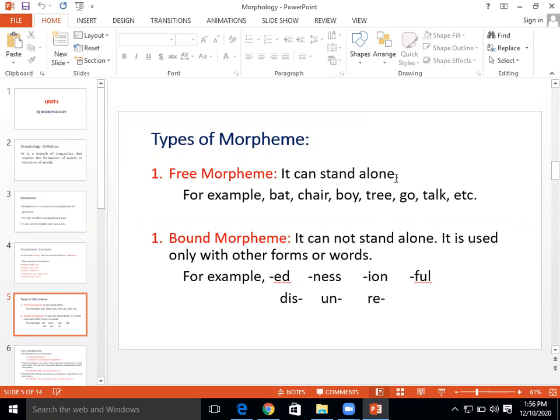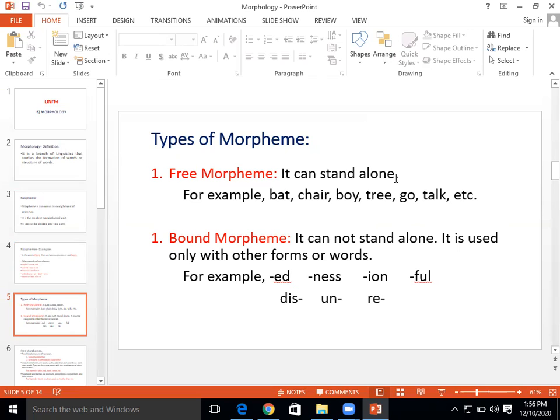These morphemes are used to combine or join with other forms or other words only, and they cannot come alone. Have you read any sentence in which NESS is used separately?